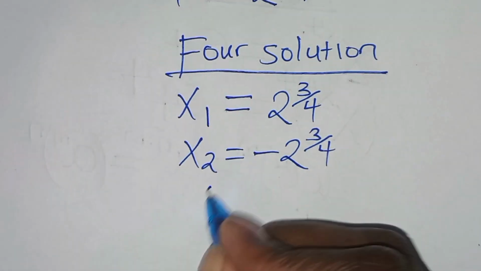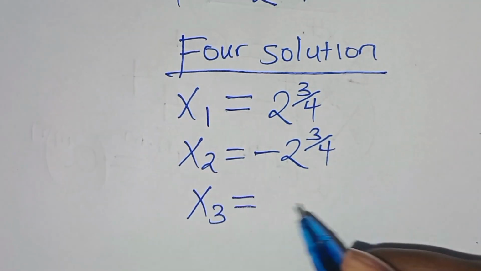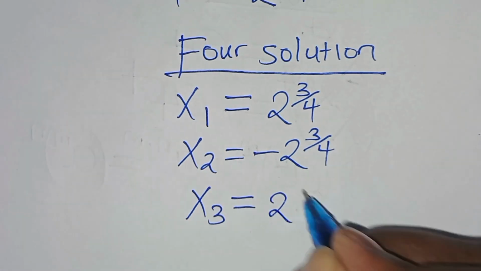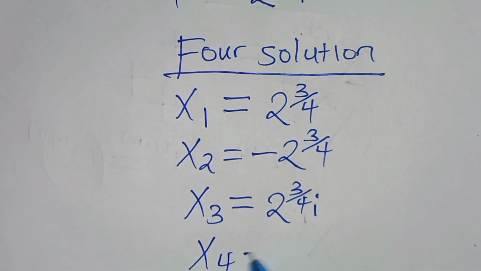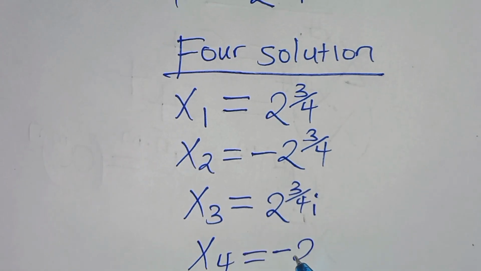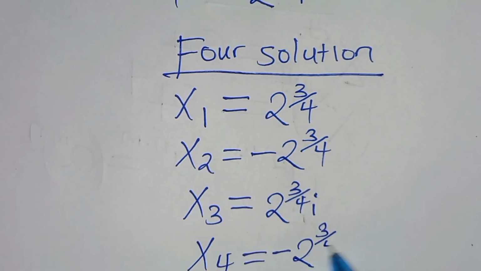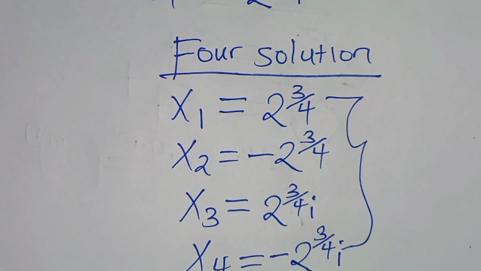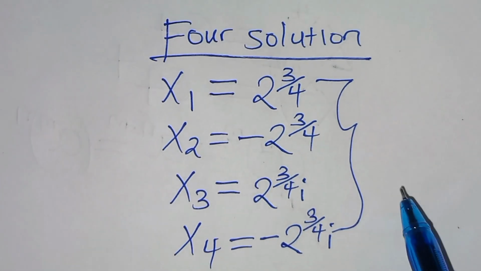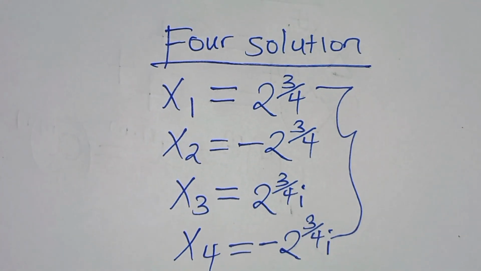And we have x3, this is equal to 2 raised to the power 3 over 4 times i. And then we have x4, this is equal to minus 2 raised to the power 3 over 4 times i. These are the 4 solutions to this math problem.